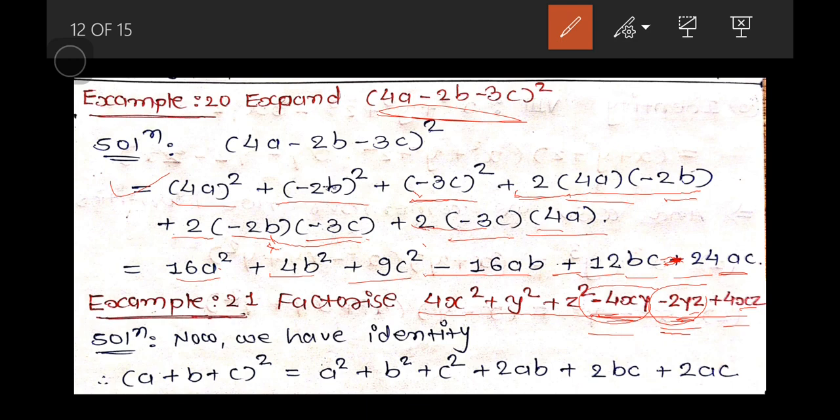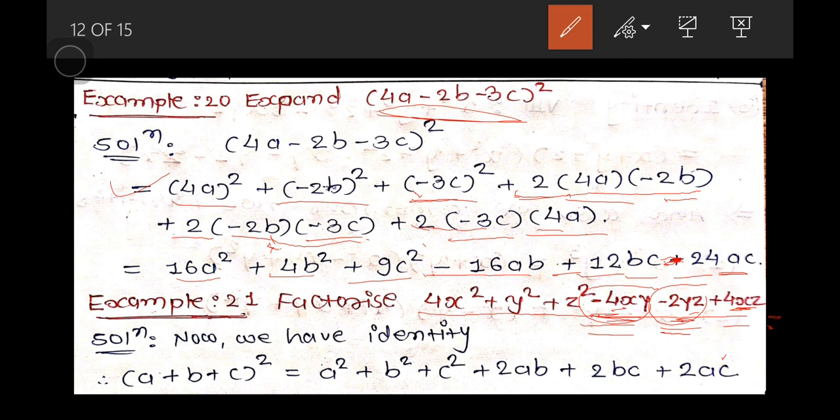And if the fourth and sixth terms have a minus sign, then you can see that x is a common term, so we give a minus sign to the x variable.